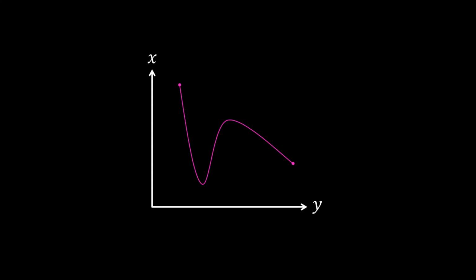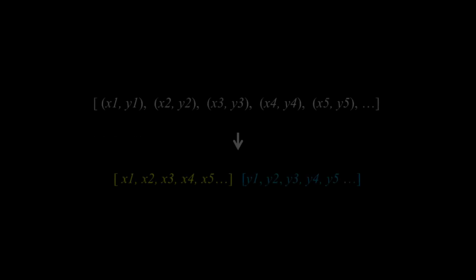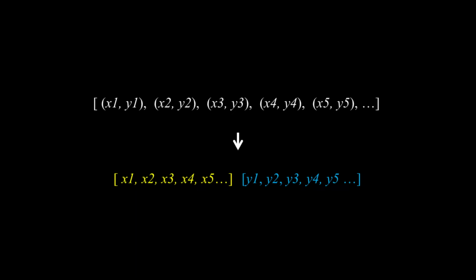So now suppose we draw something on the canvas. The drawing is on a 2D plane, so we can say that the drawing is made up of points, a series of x and y values. Now from the series of values we can create two lists, one having a series of x values and the other having a series of y values. Now we can say that this series of numbers in a list represents a wave pattern.